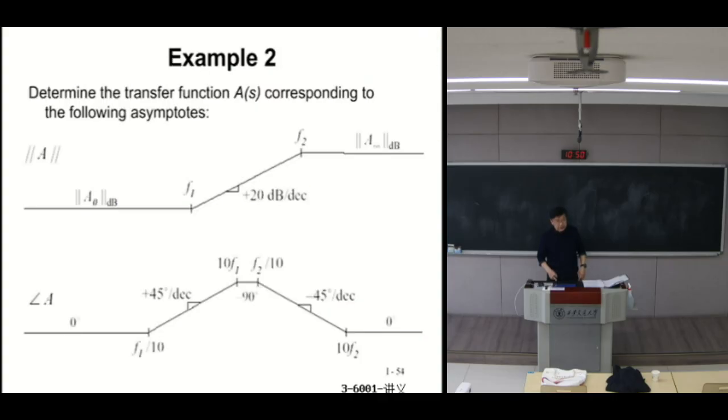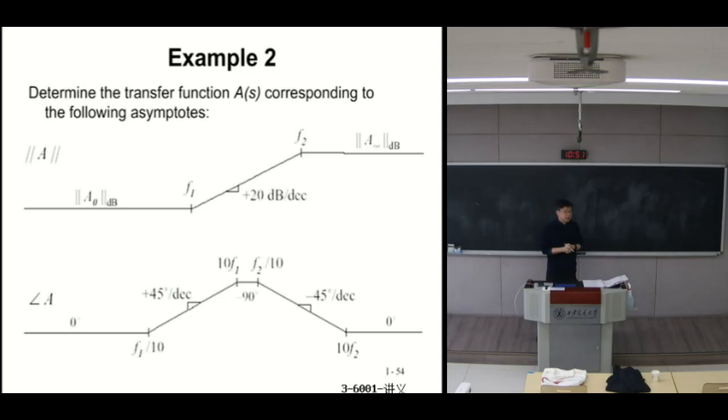So that's a very useful tool, based on single transfer functions, to obtain the overall Bode plot of the overall transfer function. But there's also another issue which is also very useful.